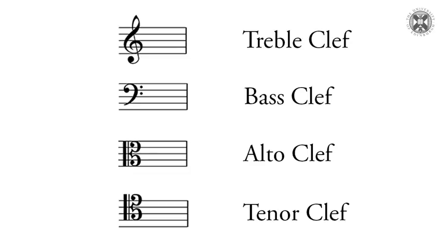So there's actually a few different types of clefs, all of which do exactly the same thing. They indicate the different selection of pitches that should be read from the lines and from the spaces on the stave. But we're going to focus on the next most commonly used clef, and that is the bass clef. And as the name suggests, this one is used to represent low-pitched notes.